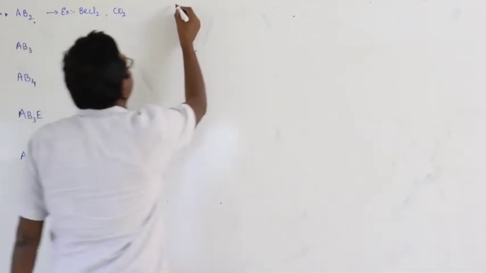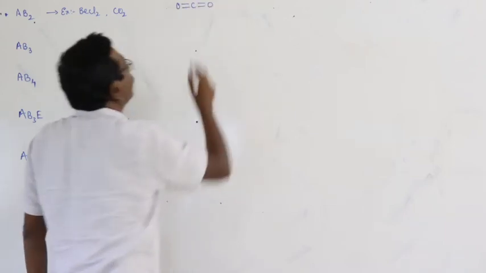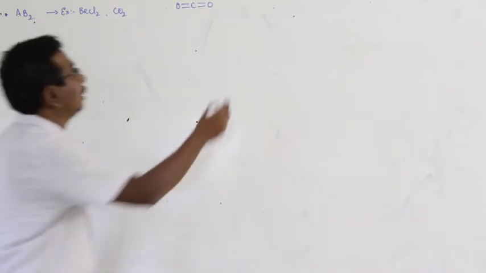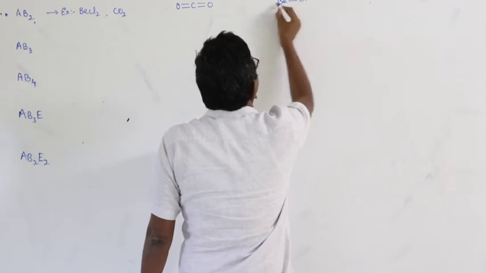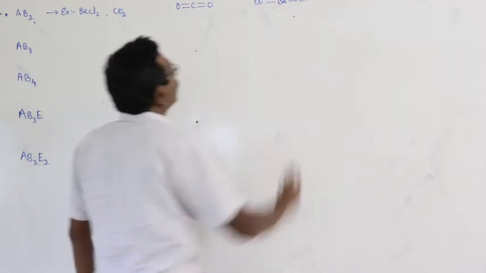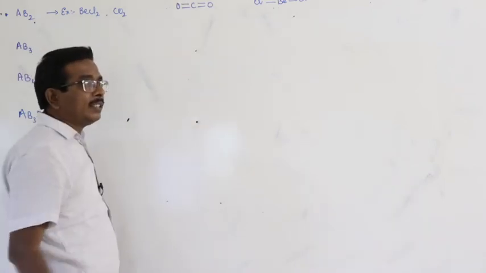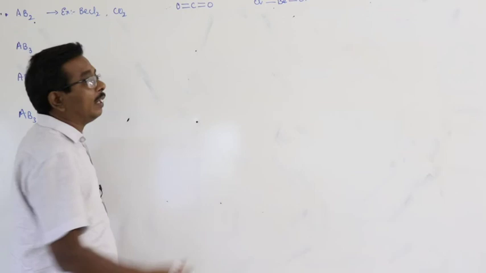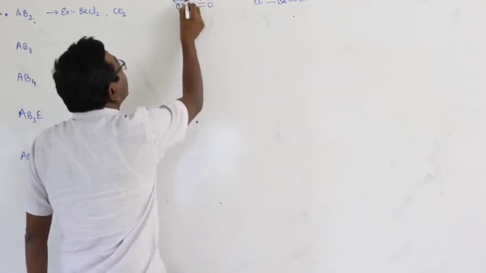Look at the first one. Here, this is CO2, right? Electronegativity of oxygen is 3.5, carbon is 2.5. Means what? Here the bond moment is towards oxygen.